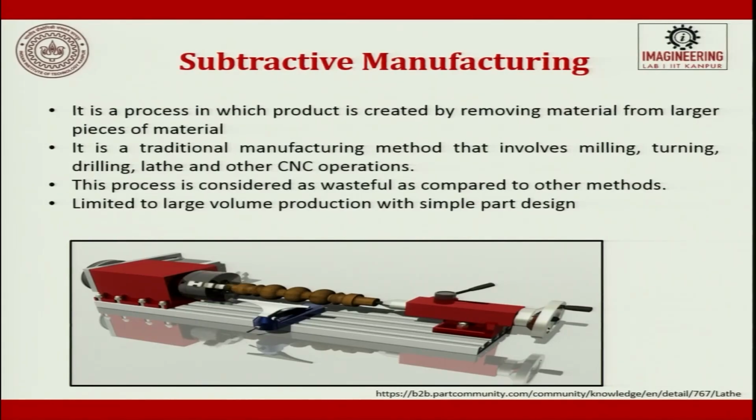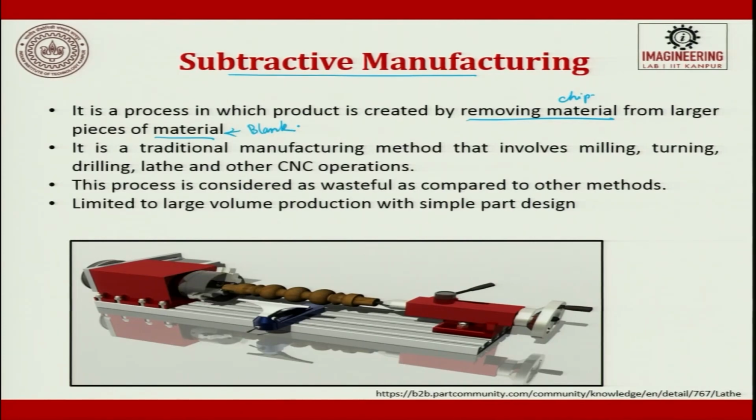One major vertical today wherein we do a lot of mass customization is subtractive manufacturing. In this process the product is created by removing material from a large piece of material, or removing chip from the blank or a raw material.